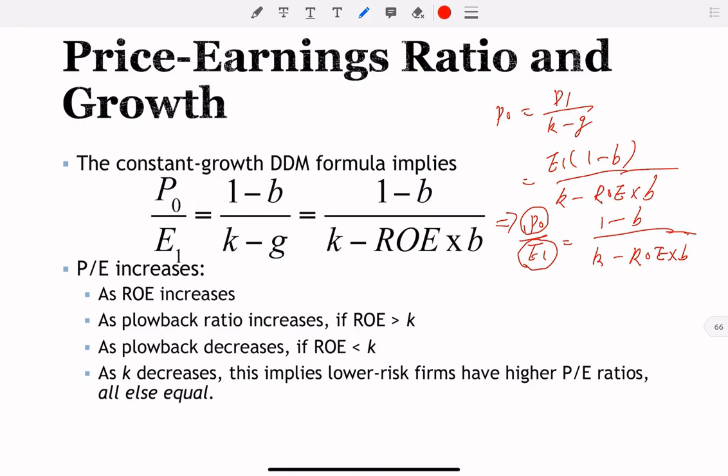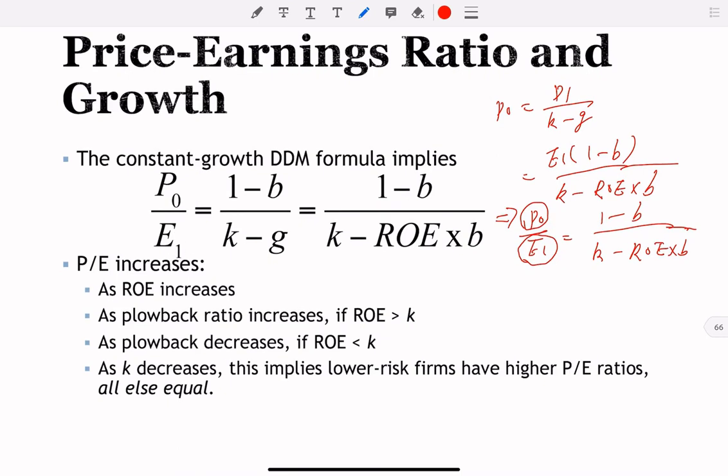At least in this textbook, we tend to define PE ratio like this. But in reality, when you're actually investing, this is called the forward PE ratio. You could actually use P0 divided by E0, that is today's stock price divided by the most recent reported earnings.